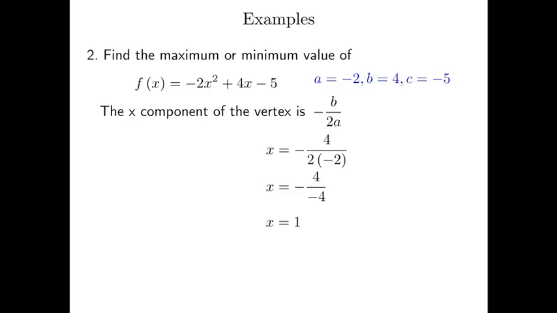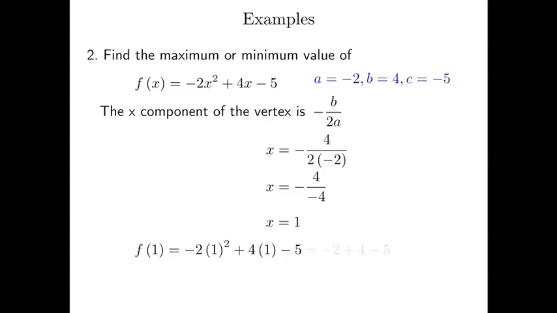Now, if we don't feel like memorizing the second part, the y component of the vertex, we can just evaluate the function at that x value, and the output of that function will be the min or the max of the parabola. So here we're going to put in 1. f of 1 is going to be equal to that.